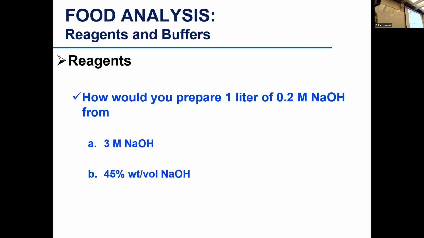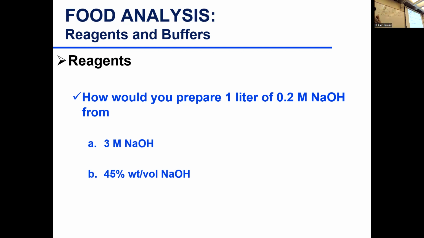Would go with Kevin. Great. So I have 66.6 milliliters of 3M NaOH, 1 liter of water, or in a volumetric flask made up of water. Yes, perfect. So we'll get that.